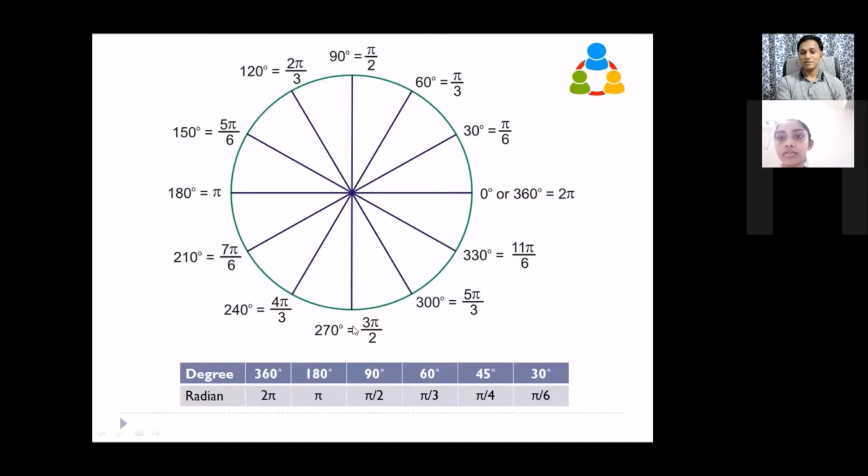See, it is coming this side, 270 degree. 30 is pi by 6. Normally we use up to 90, up to 180 very frequently. So if tomorrow you learn further things and it says sine pi by 6, it means sine 30 degree.